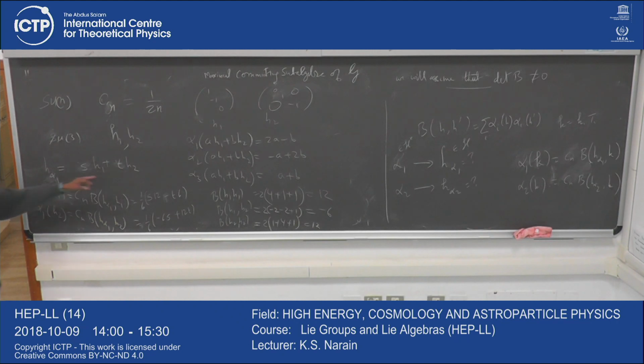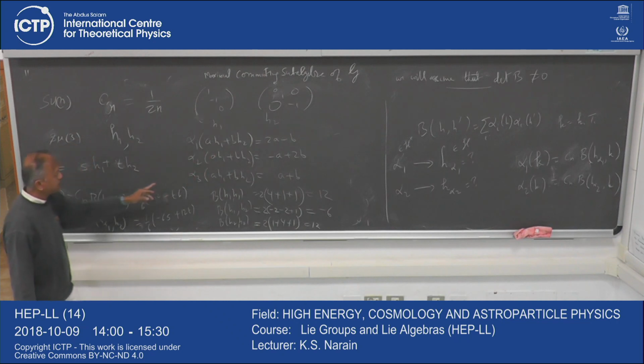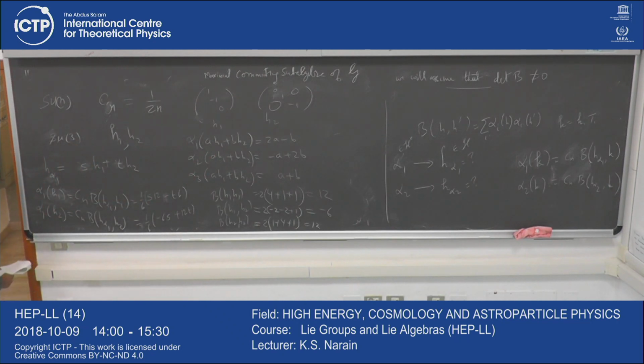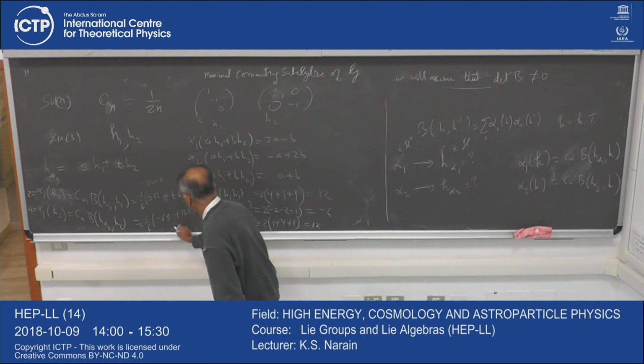But alpha 1 of H1 I already know from the earlier expression is 2, and alpha 1 of H2 is minus 1. So I have two equations for two unknowns, S and T. So I have to determine S and T. If you divide by 6, you get here 2S minus T, and here you get minus S plus 2T.